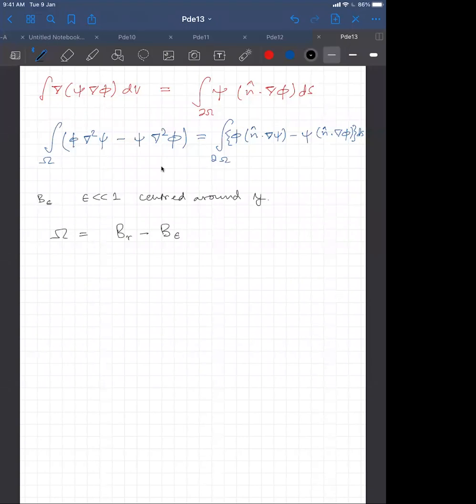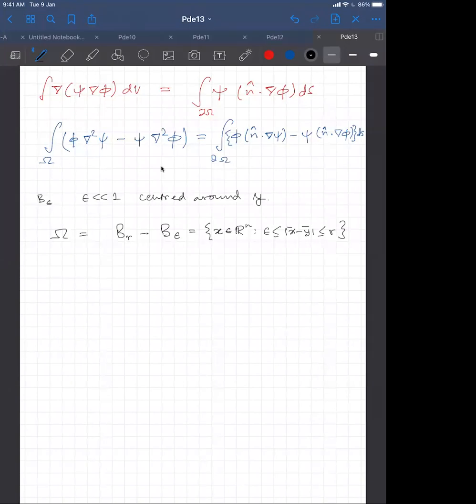So we excluded this point. So x belongs to Rn such that epsilon is less than or equal to modulus of x minus y is less than or equal to R. Now Gn is perfectly fine in this particular region.